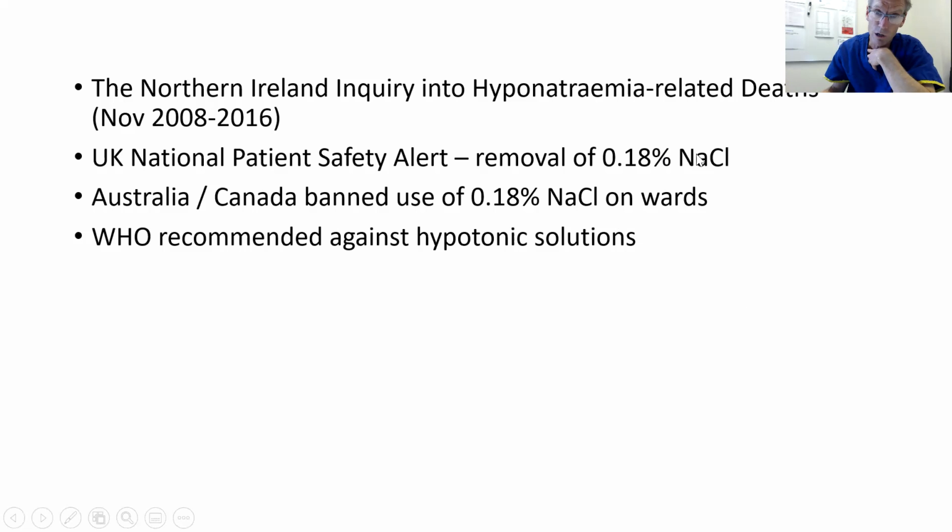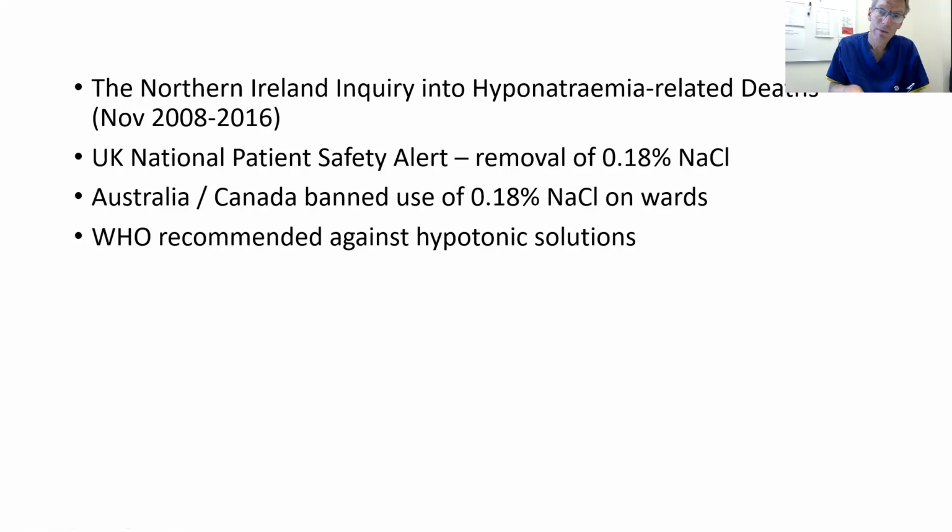And the biggest culprit, the biggest cause of this hyponatremia, was the inappropriate use of what's called 1/5 normal saline, or 0.18% NaCl. This was a common fluid we all used to use. It was called 4.3% dextrose and 1/5 normal saline, or 4.3% dextrose and 0.18% NaCl.